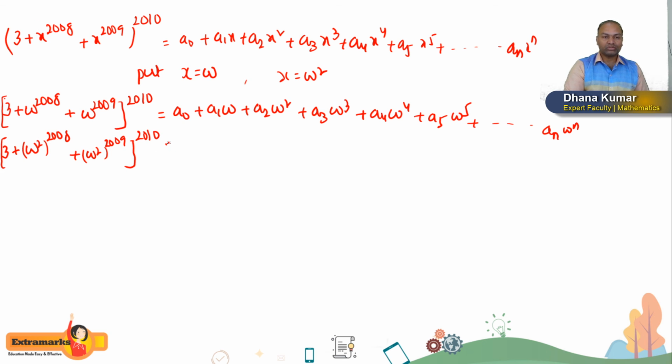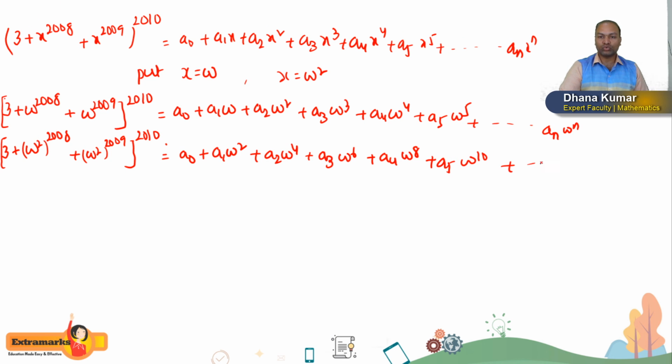Okay, so that is equal to what here? a naught plus a1 omega square, a2 omega power 4, a3 omega power 2 3s are 6 plus a4 omega power 2 4s are 8. Correct or not? Okay, so next term will be a5 omega power 2 5s are 10 and so on.